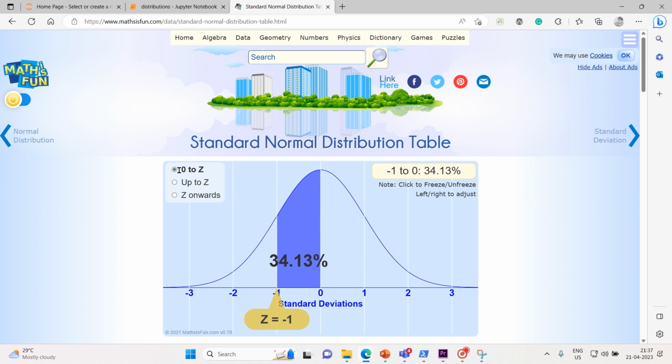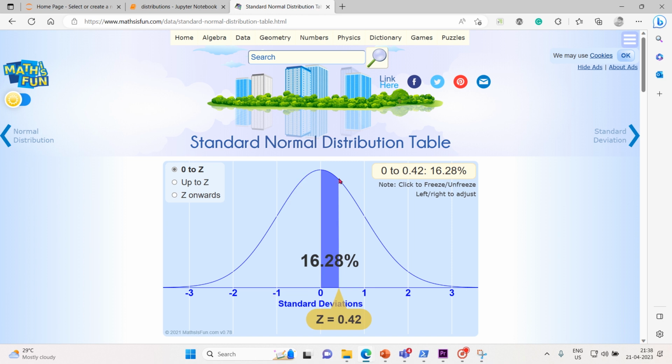Now let me put from 0 to Z. I want to see from 0 to Z either on the positive side or negative side. I'll go from 0 to Z on the positive side. You see that 26.73% of probability, and if your Z score is 1, it is 34.13% probability of happening.